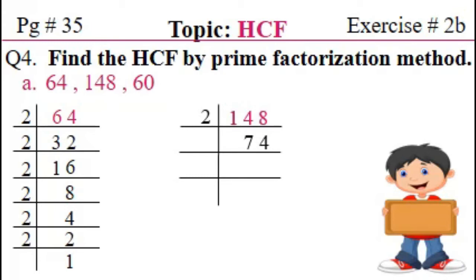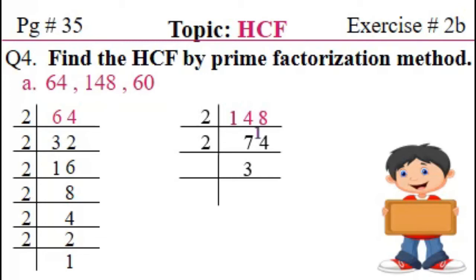Again, 4 at ones place shows us that the complete number is even. Therefore, we can divide it by 2 again. 2 times 3 is 6. So 1 is the remainder over here and 1 and 4 become a complete number, which is 14.